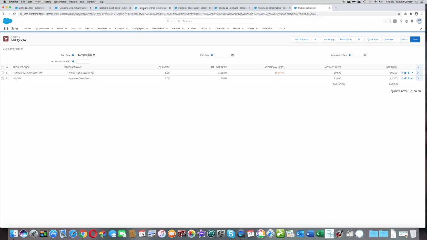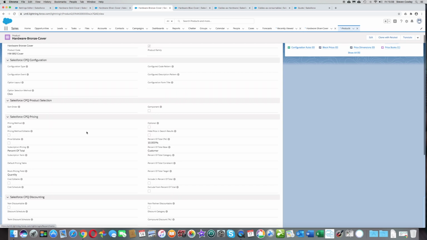So I've set up a different cover level here called bronze. It's still set as percentage of total, and it's still set at 10%, but it's based on the customer price, not the list price. So if we add that onto the quote, you can see the difference.